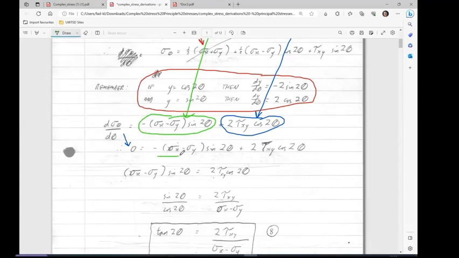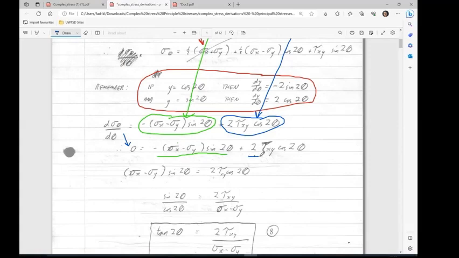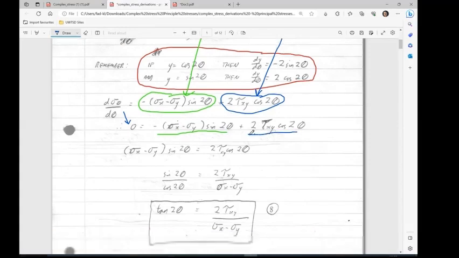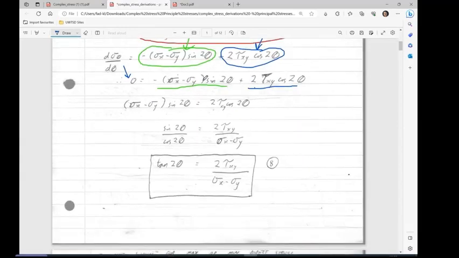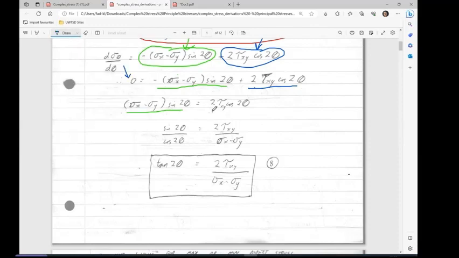There's that term there, followed by that term there. Then we're just going to move that over to this side. So it was negative, it becomes positive. So there's that term there. And that blue term is still on this side, 2 tau xy cos 2 theta.